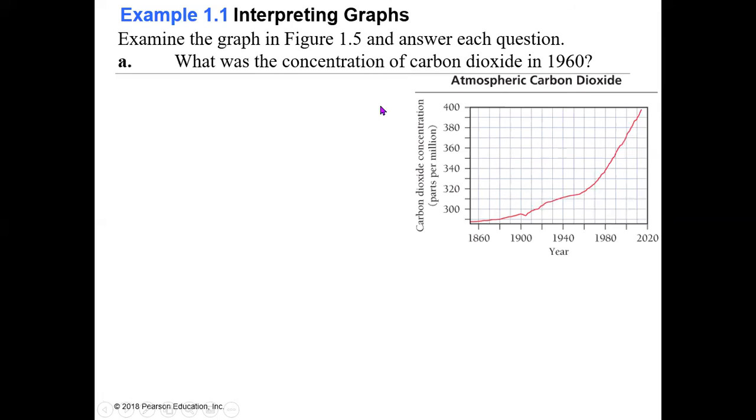And the first question is, what was the concentration of carbon dioxide in 1960? What we do, we first locate 1960 on the horizontal axis here. So 1940 is here, 1980 is here.